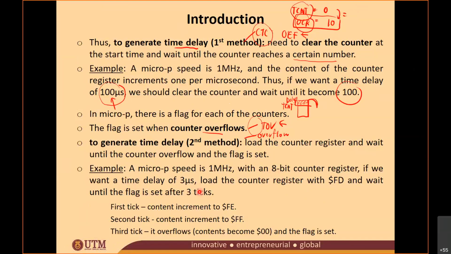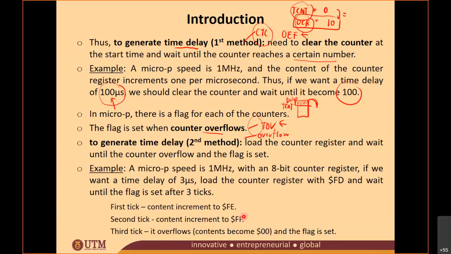Why 3 ticks? Because after 3 ticks, you have generated 3 microseconds. The first tick, the content is incremented to FE, and then on the second tick, the content increments to FF, while on the third tick, the content will overflow from FF and then become 0.